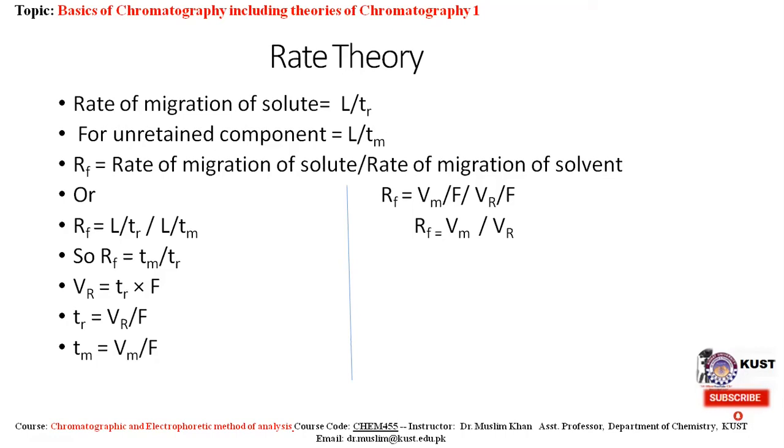Thus, the rate of migration of the solute, the retained component, is equal to L divided by TR. This is equation number one.